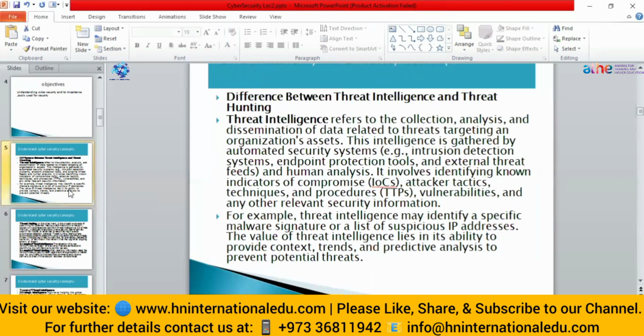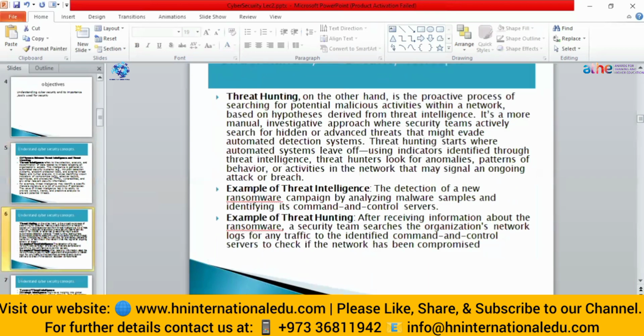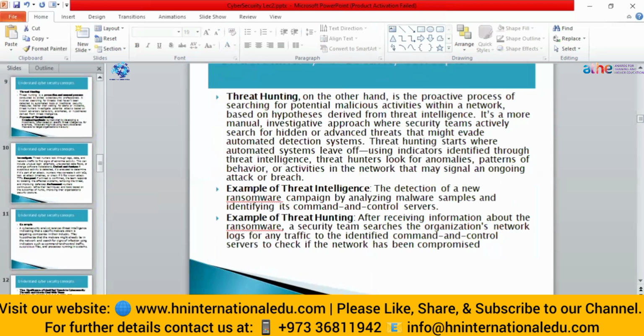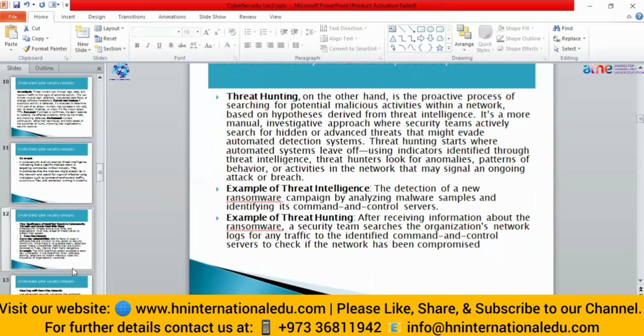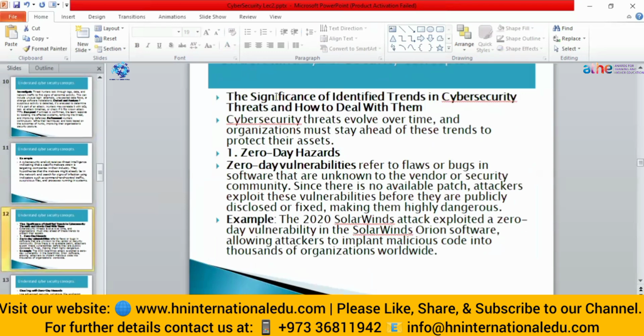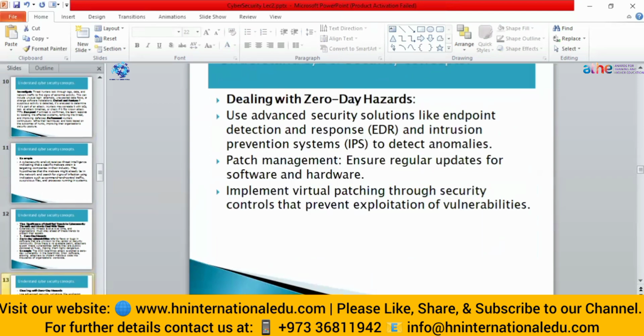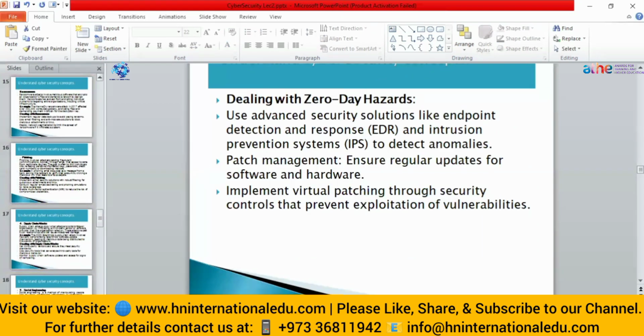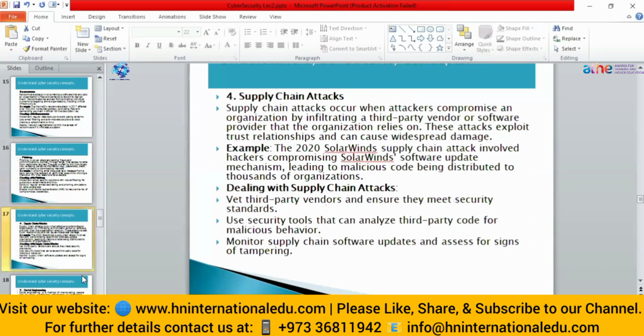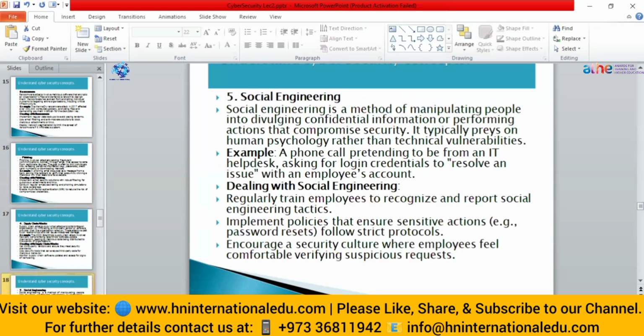So, as a short assignment, we have discussed almost 7 tools related to different security threats. You just have to search about these tools and learn how they work.